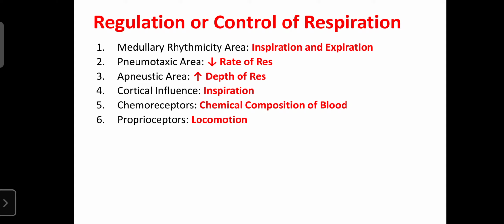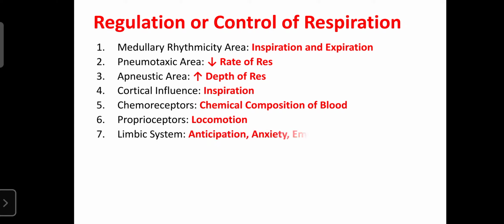According to that, our cardiac output increases or decreases, which helps fulfill the demand of the legs and provides a complete supply of nutrition to the legs according to the movements. That is why proprioceptors also play an important role in the control of respiration.